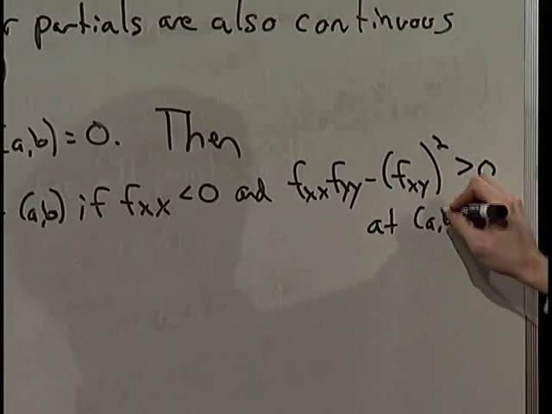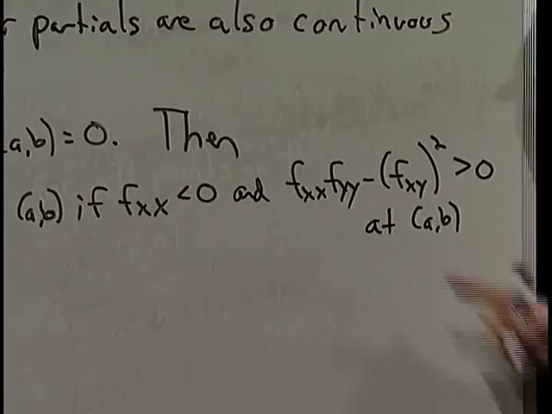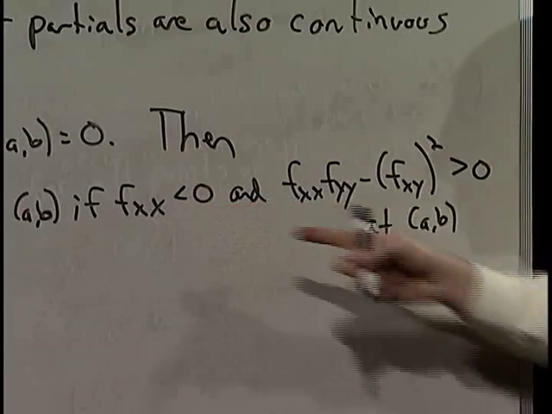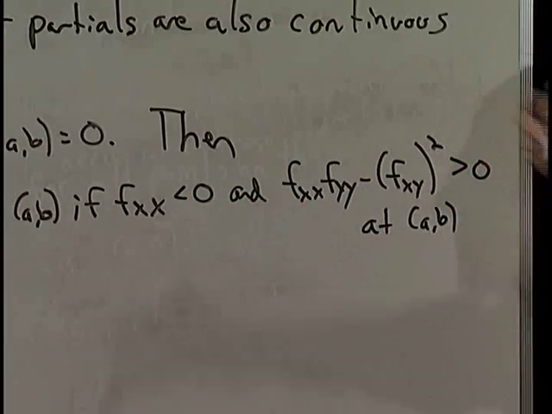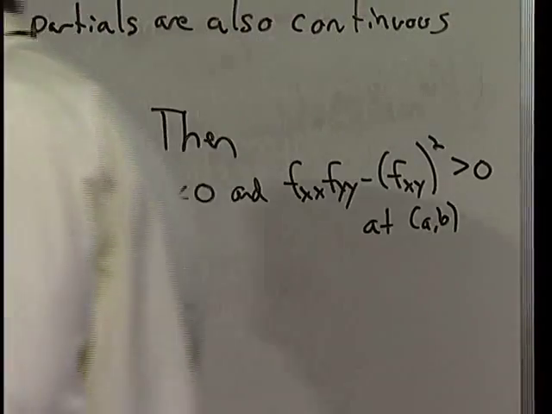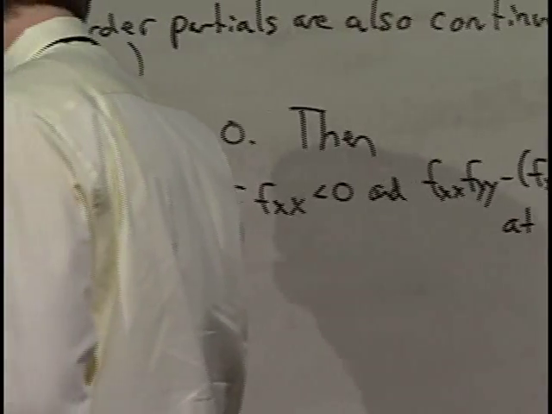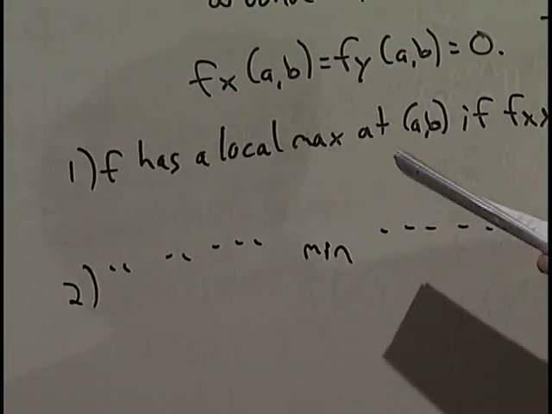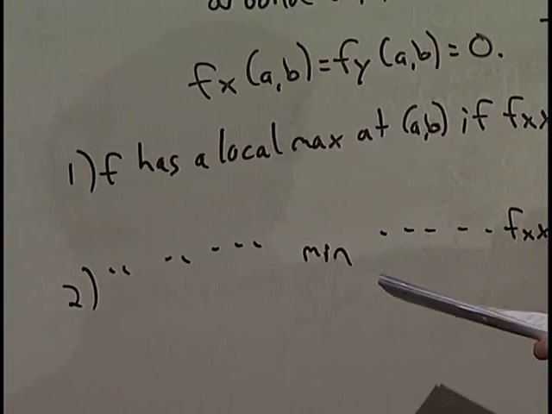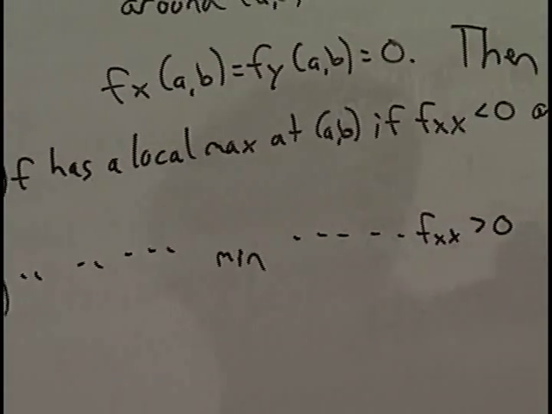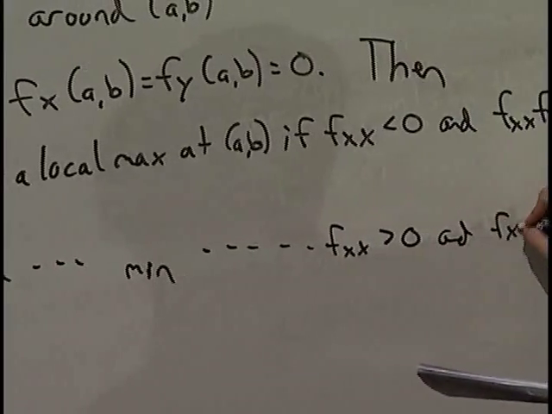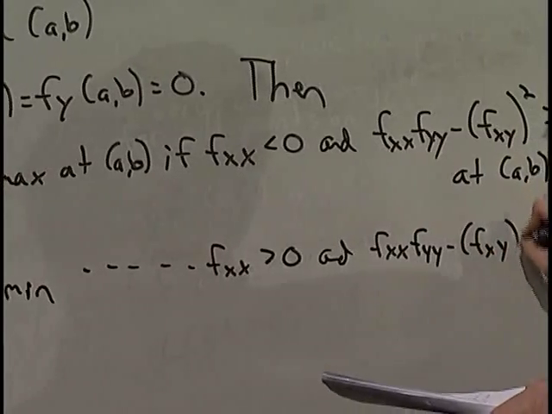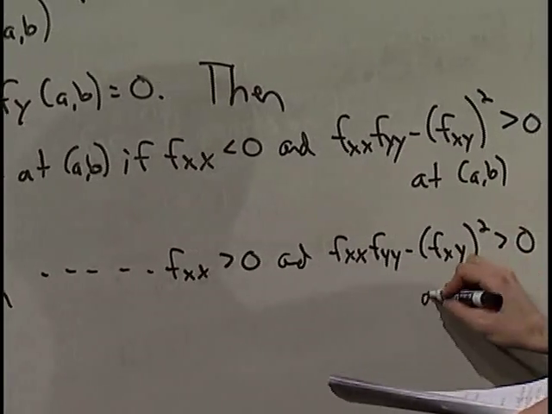So we'll get back to that shortly, but this second order partial is less than 0, and this funky quantity here is bigger than 0. That's a local max. Okay, well, you have a local min if, let's see here, this time fxx is greater than 0, and this funky quantity is still greater than 0 at AB.